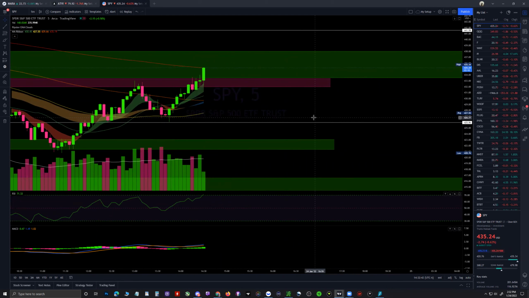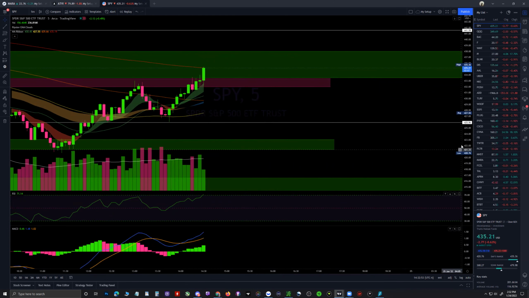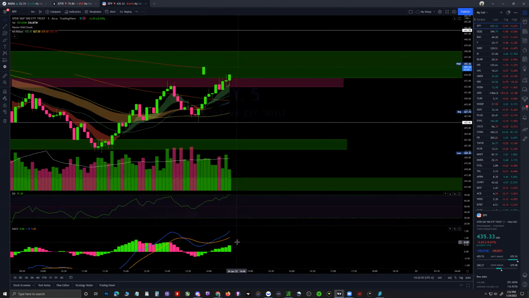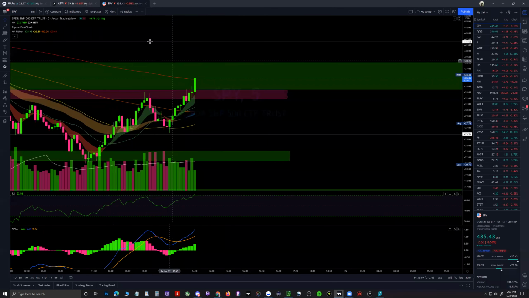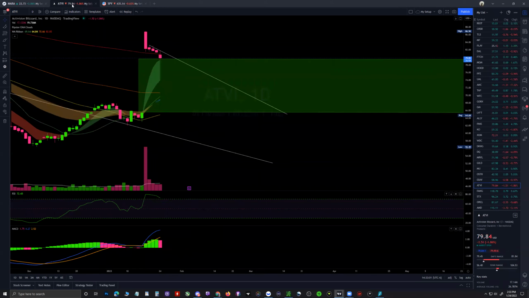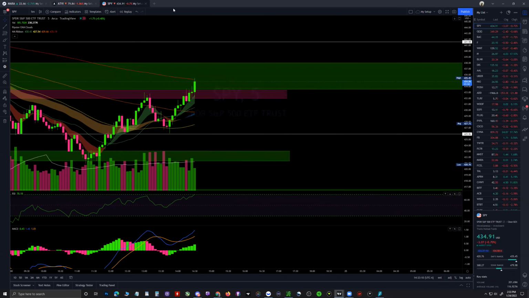But I'd wait, it could be a fake out. Very overbought right now on the 5 minute. Yeah, she's pumping. I see it's coming back down a little bit.